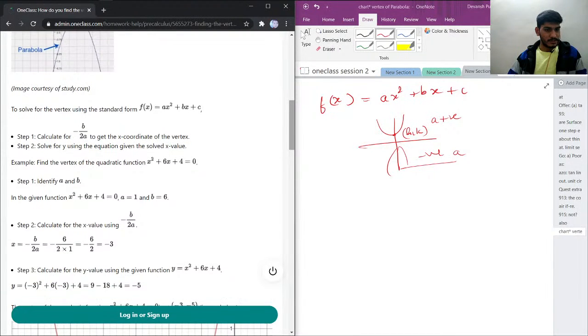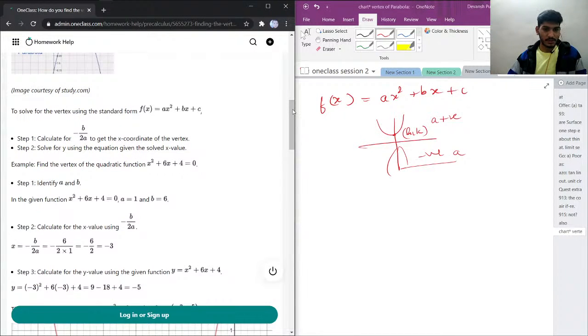So let's go with the steps to solve for the vertex using the standard form. We have the standard form. First calculate minus b over 2a to get the x coordinate of the vertex. Solve for y using the equation given the solved x value.